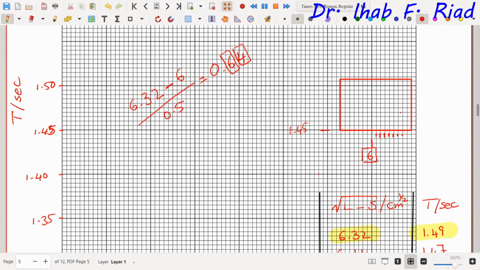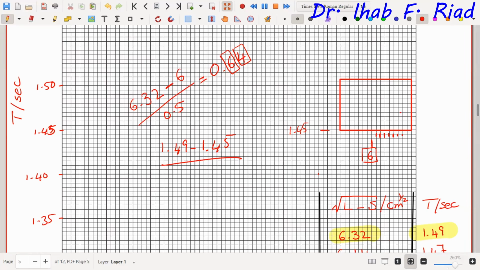Now we do it for the y-axis. How are we going to do it for the y-axis? 1.49 minus 1.45 divided by 0.5.